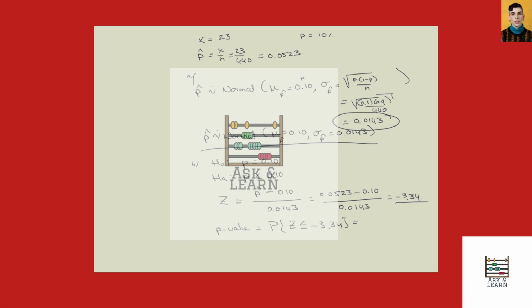With a z-score of negative 3.34, my p-value in the left tail is equal to 0.0004.